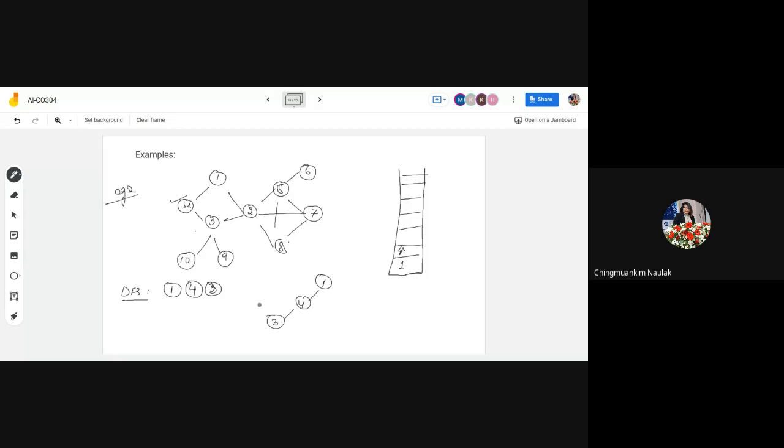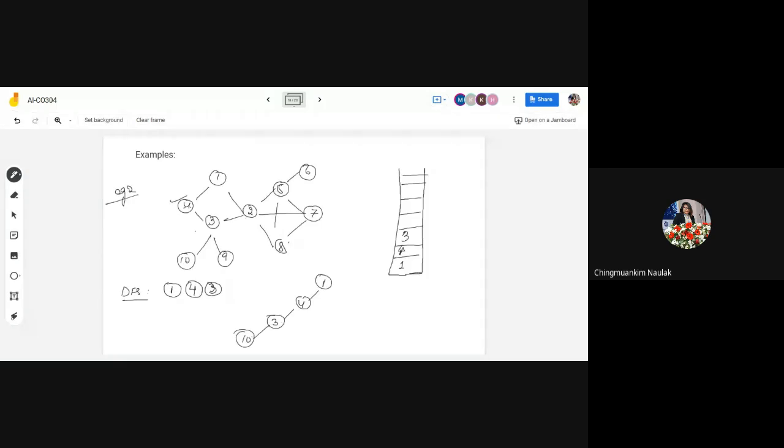Now, after that, look at 3 and see how many adjacent nodes are there. You have 10, 9, and 2, but you're going for only one. So let's go on with 10. You have 10. Okay, you have 10, so suspend 3. Okay, now explore 10. If you explore 10, okay, there are no other unvisited adjacent nodes, right?